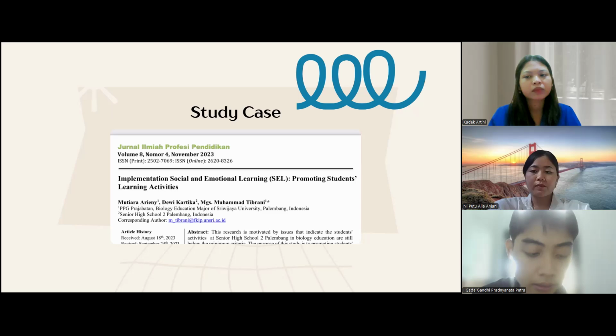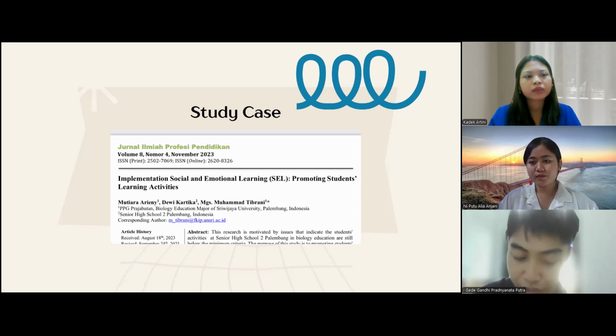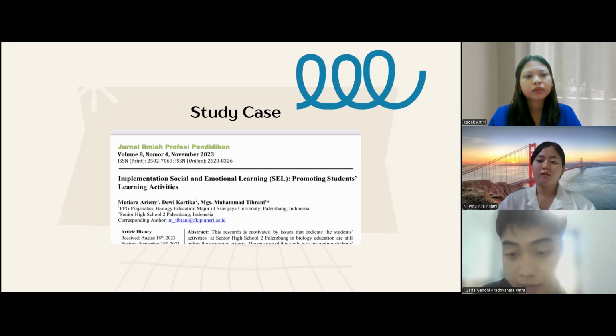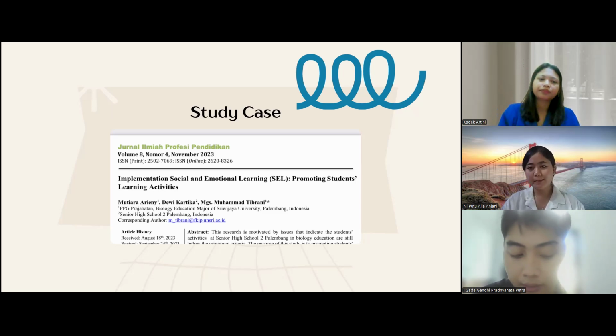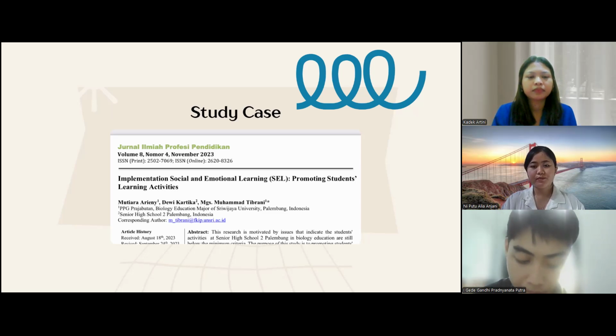After the first cycle it rose to 53 percent, and after the second cycle it reached 77 percent. This shows that SEL helps increase student involvement and engagement and reduce behavioral problems, making classroom management easier and more effective.